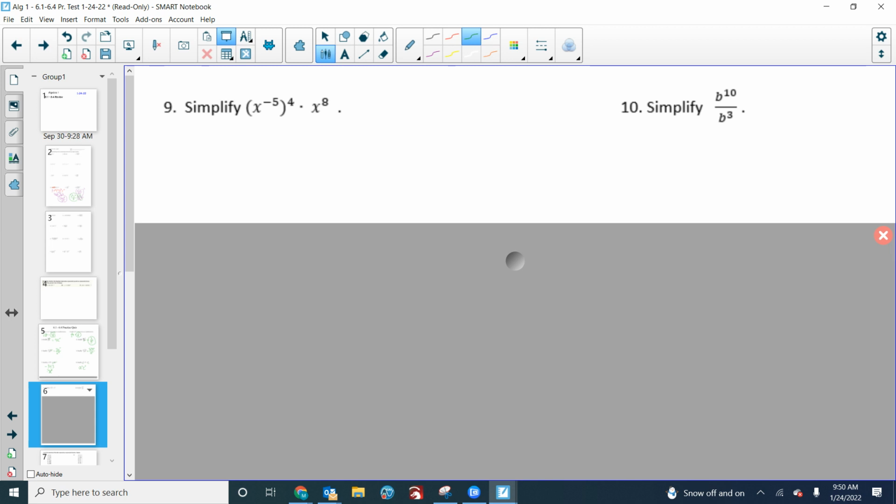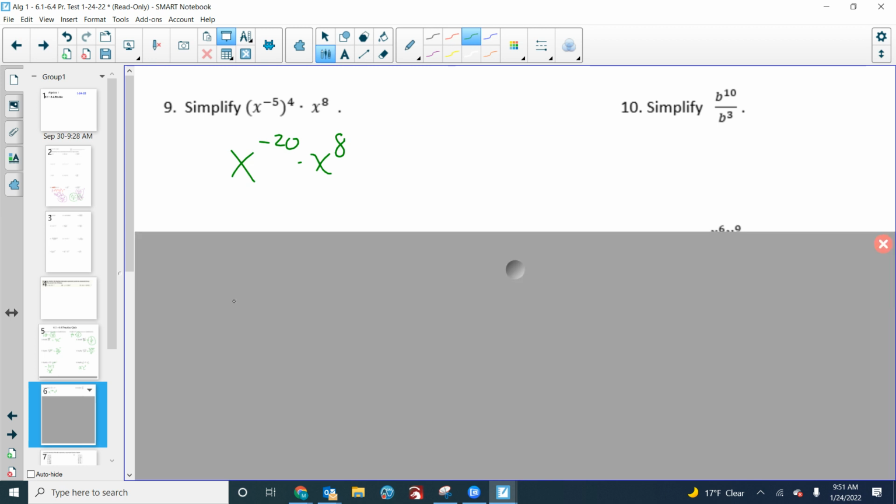Okay. Bailey, hey, the first part that we're raising a power by a power, what's my rule? Okay, so it's x to the what? And then I have to bring this down, right? Okay, what's my rule now when I multiply? Now I add the exponents. What do I got? What's negative 20 plus 8?